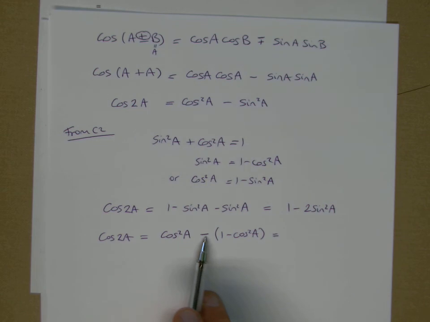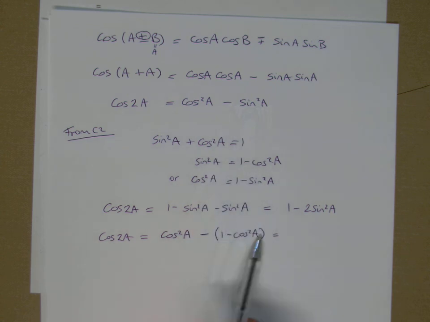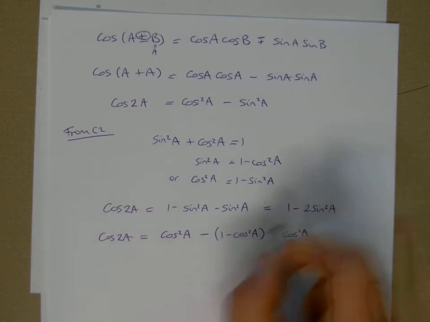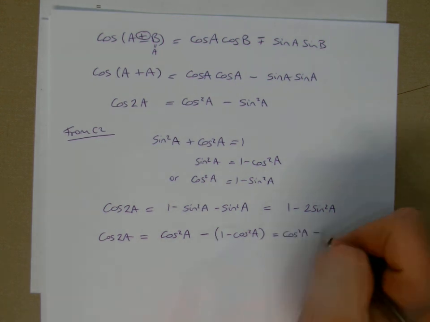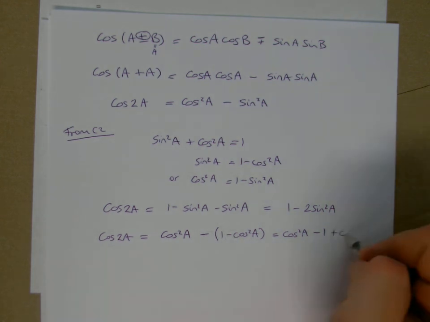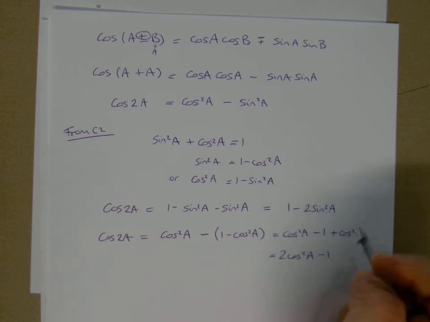We've actually got to take the sine squared A away, which is 1 minus cos squared. So that would be cos squared minus the 1, and minus the minus becomes plus cos squared A. So we get 2 cos squared A minus 1.